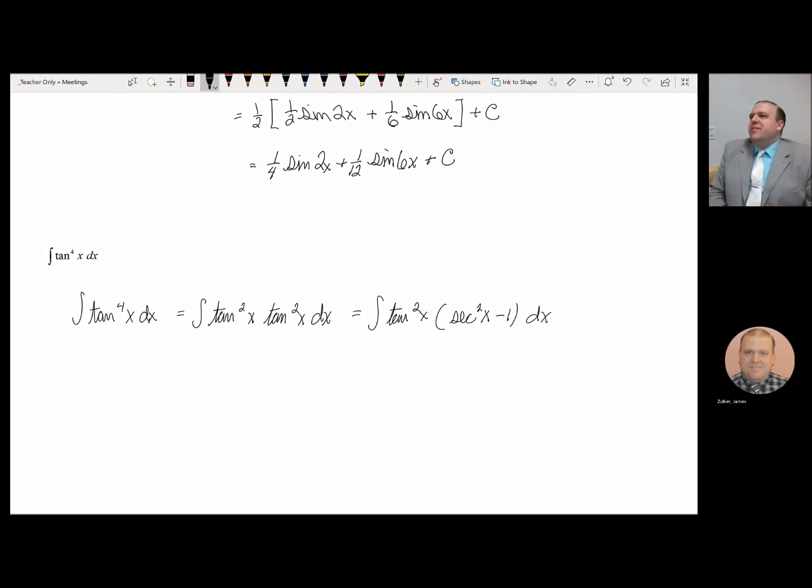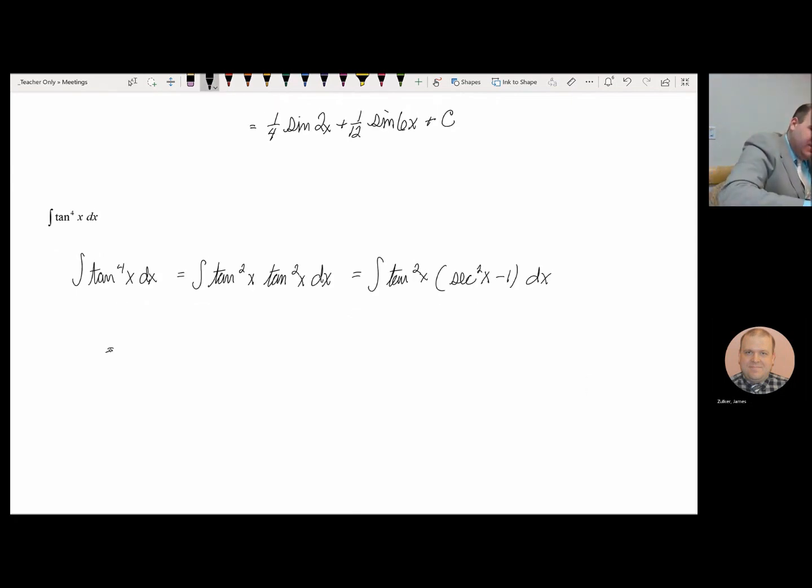I'm going to pick one to write as secant squared minus 1 and leave the other one alone. Distribute the tan squared through.